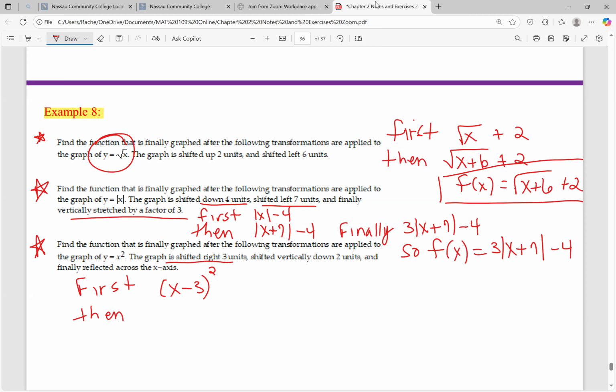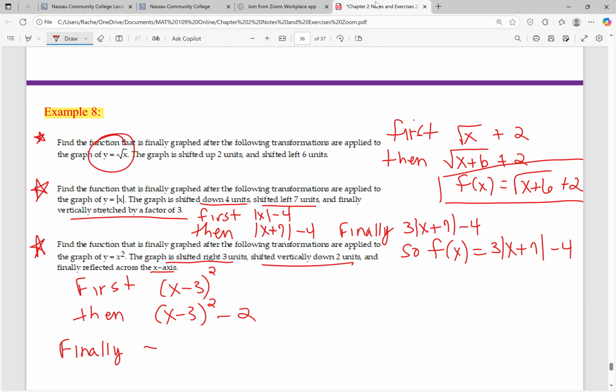Then we want to shift vertically down 2 units, so subtract 2 from the function. And then finally, we want to reflect the function across the x-axis. So that means we need to negate the function, right? Negate f of x because we want to flip it over the x-axis.